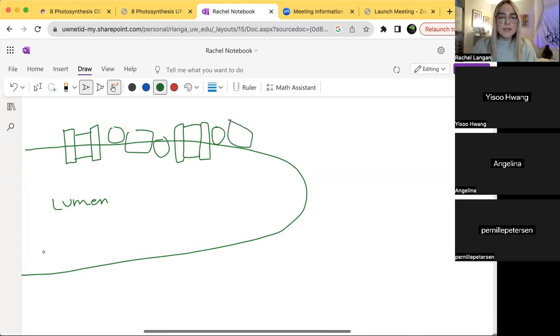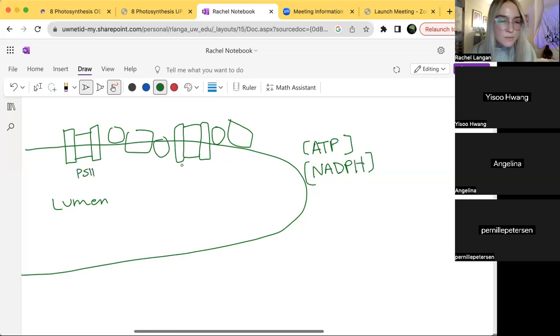The whole point of the light reactions that occur here is we want to make ATP and NADPH. Why? Because these two molecules power the Calvin cycle. So that's the whole point of the light reactions. Let's look at these photosystems. This is photosystem 2.